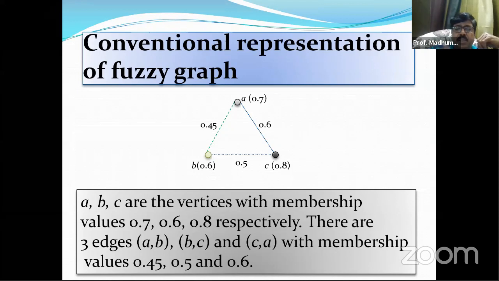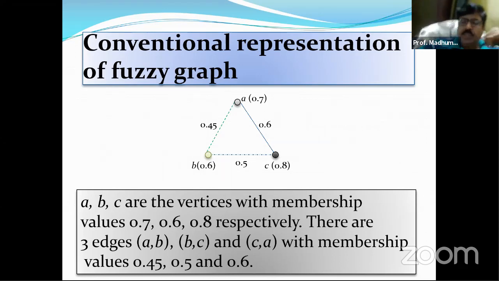That means the vertices A, B, C are not present every time. If we consider T as the time duration, then these vertices are never present during the whole time interval T. The vertex A is present 70% of the whole time, B is present 60% of the time within the time interval T, and C is present 80% of the time.